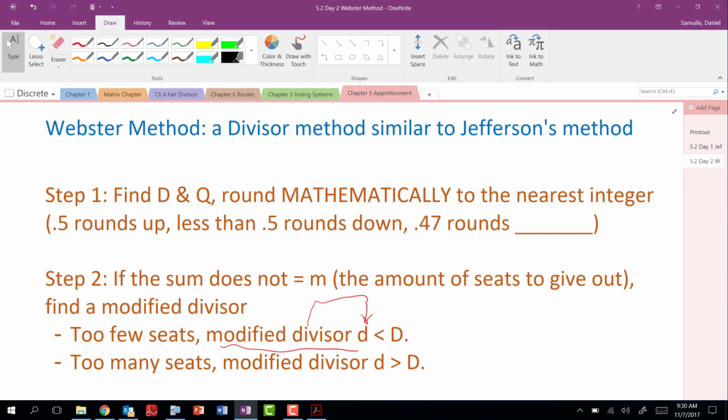And then, some examples of this that you already wrote down. What does 1.5 round to? 2. What does 23.41 round to? 23. And then what does 0.47 round to? Actually, so for instance, what's 8.47?